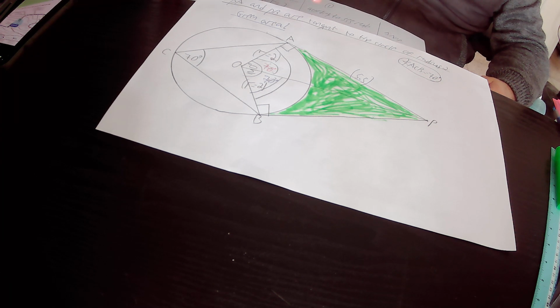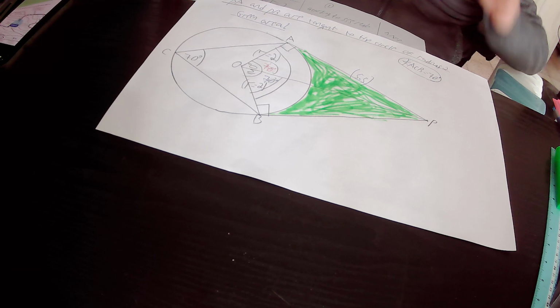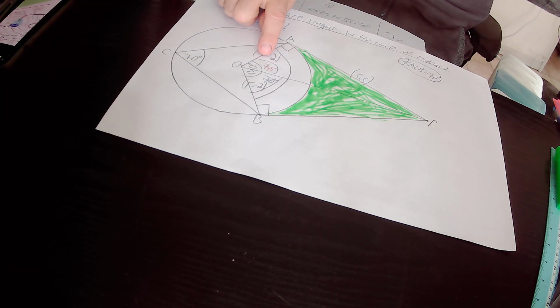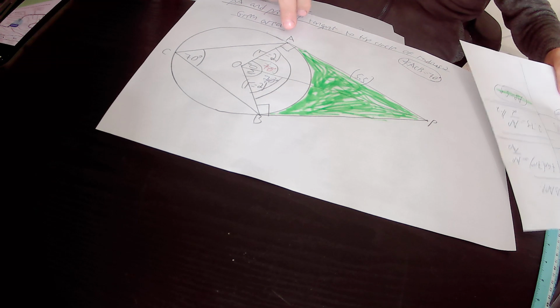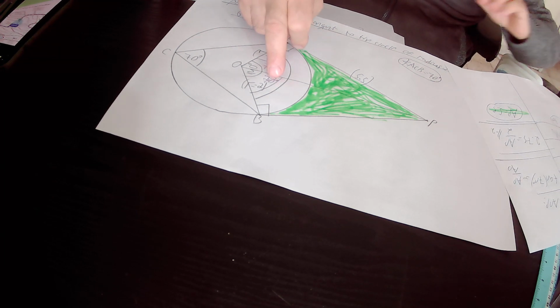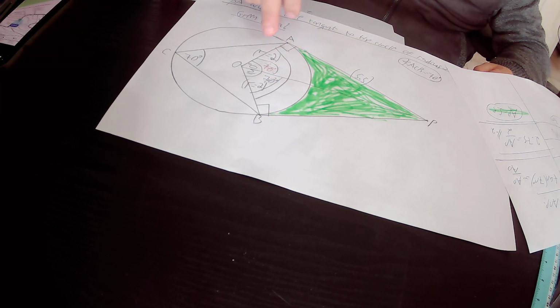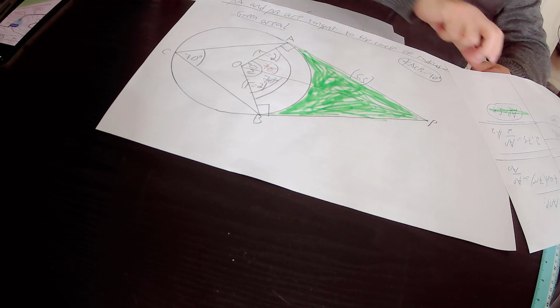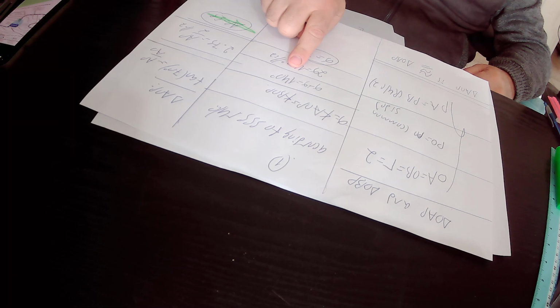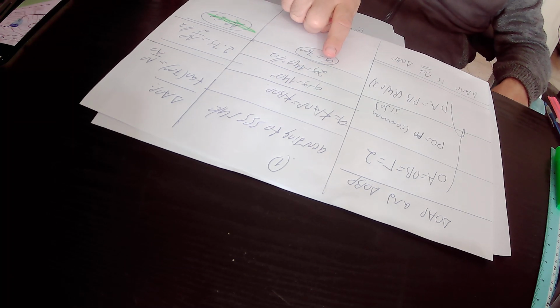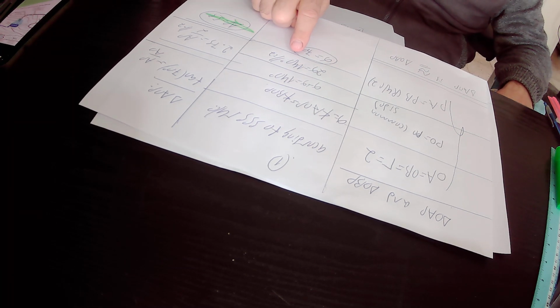So alpha plus alpha, that is 2 alpha, equals 140 degrees.